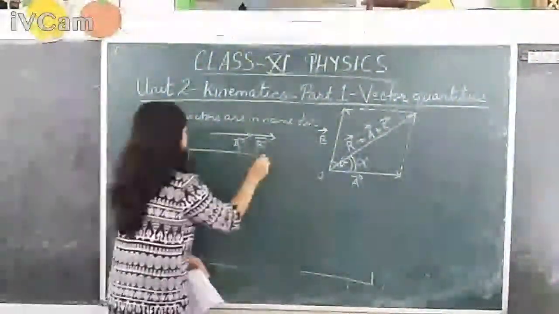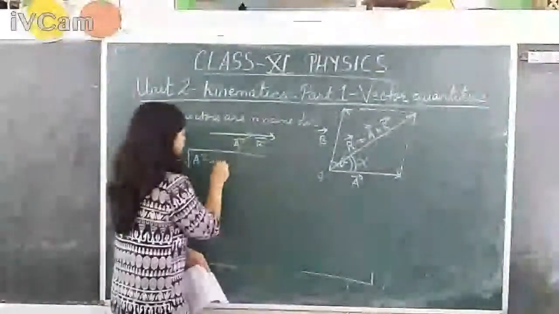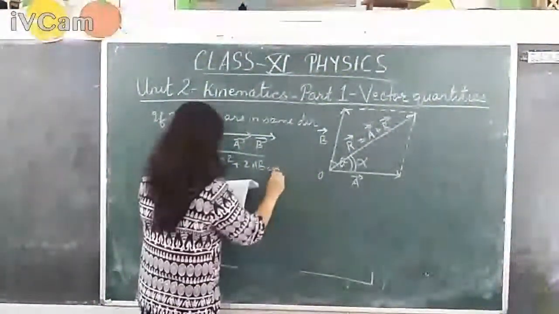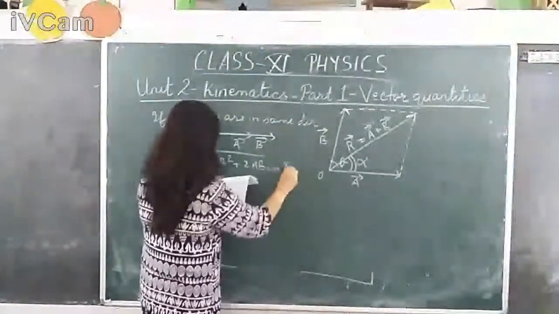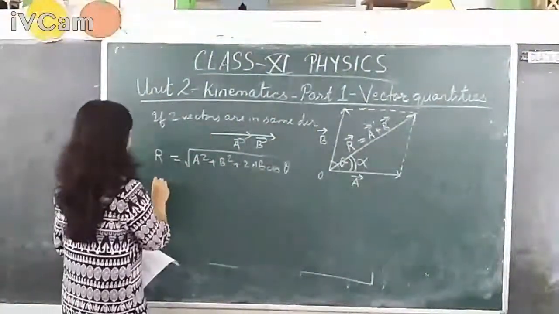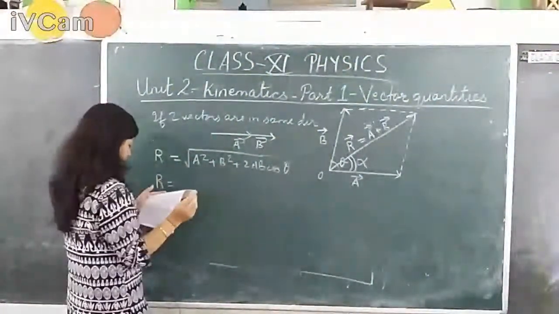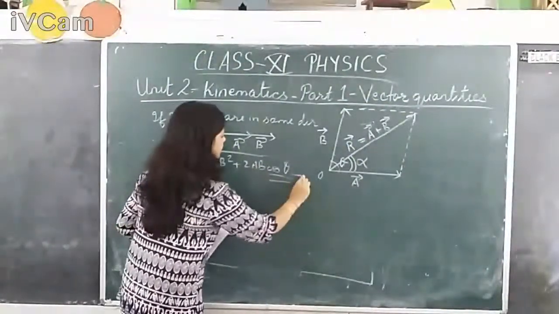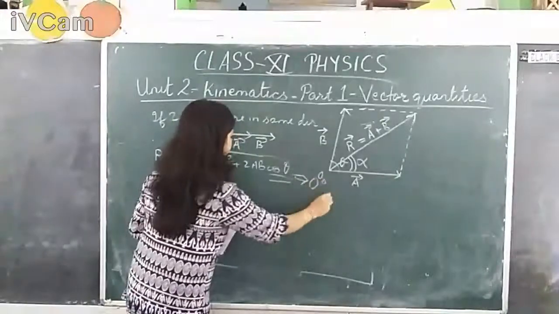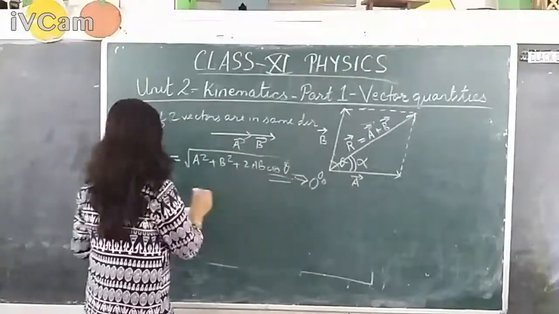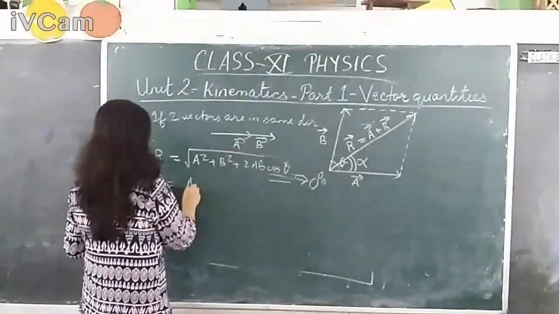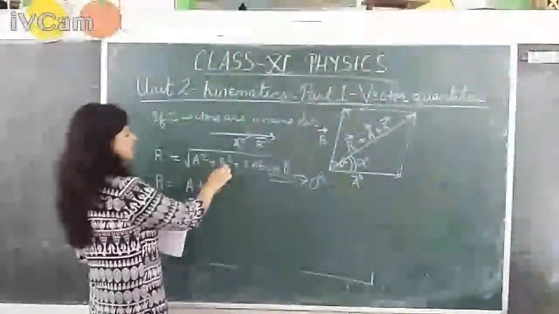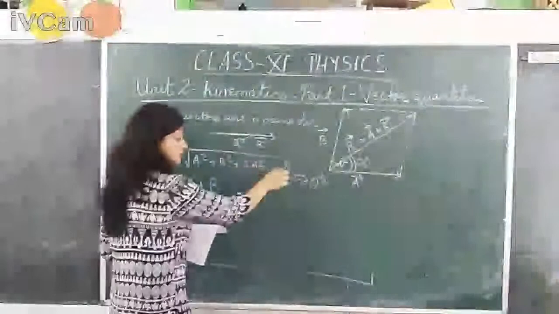R is √(A² + B² + 2AB cos θ). Okay. Now R is equal to, if we just put this θ equal to 0 degrees, then this R will be A plus B, because it will be A² + B² + 2AB, as cos 0 is 1.